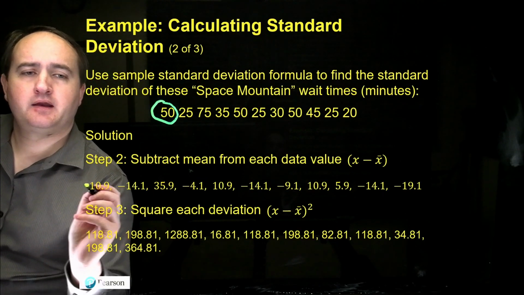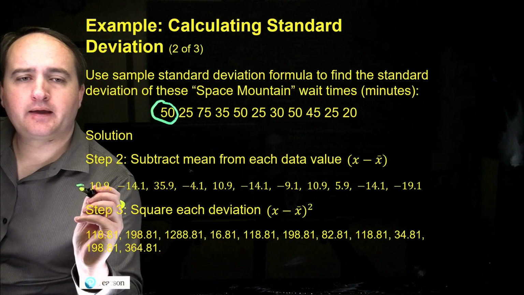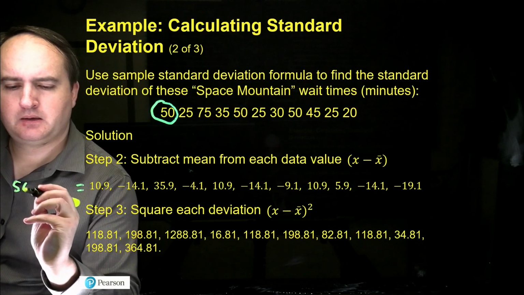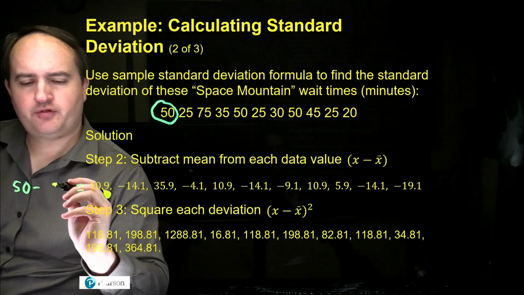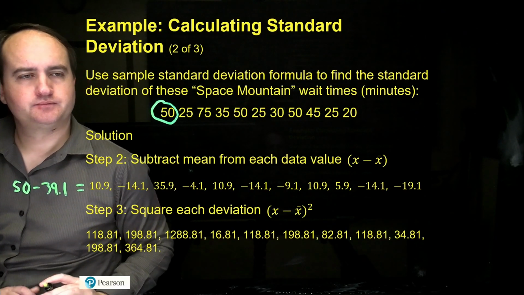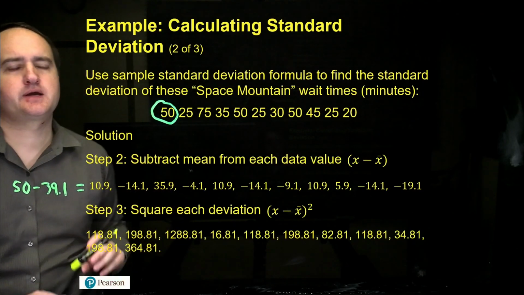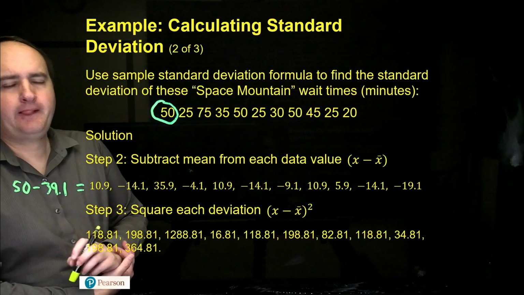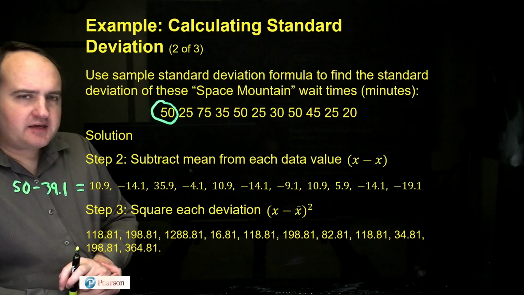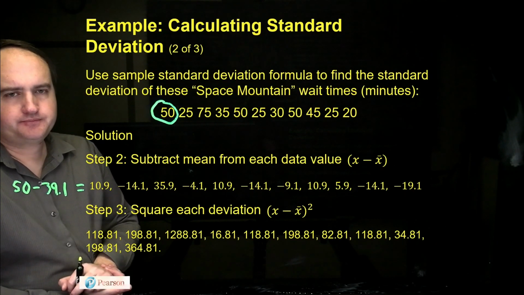So in order to get 10.9 for the first one, they just did 50 minus 39.1. And so that gives you 10.9.